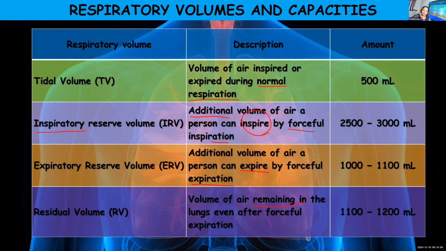Some amount of air always will remain in your lungs. So that is known as residual volume, and that comes between 1,100 and 1,200 milliliters. Once again, we learned about tidal volume, residual volume, inspiratory reserve volume, and expiratory reserve volume.